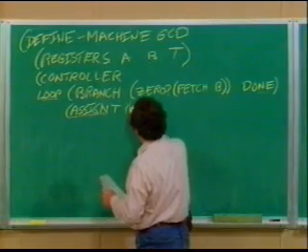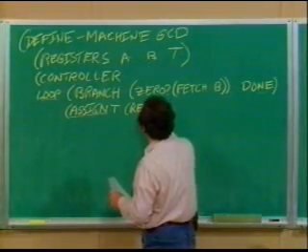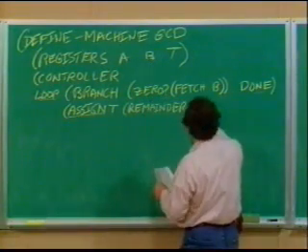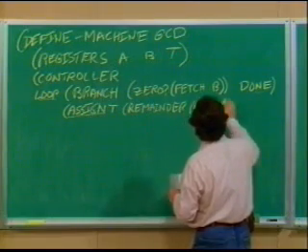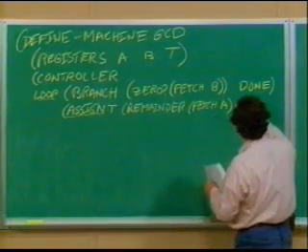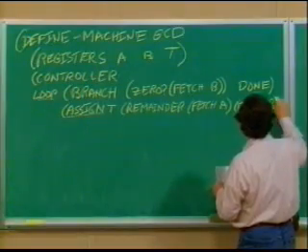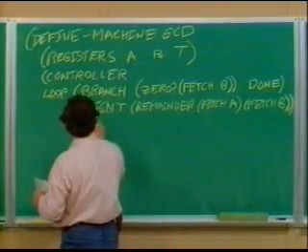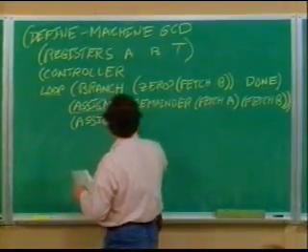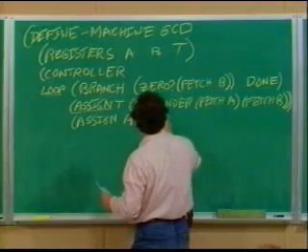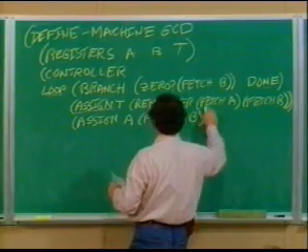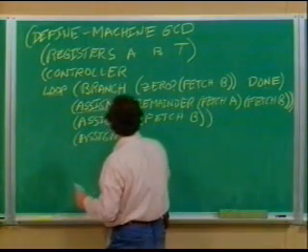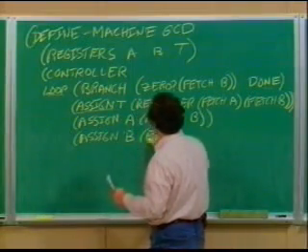Assign to T the remainder, and here's the representation of the operation, when we divide the fetch of A by the fetch of B. Okay, we're also going to assign to A the fetch of B, assign to B the result of getting the contents of T.